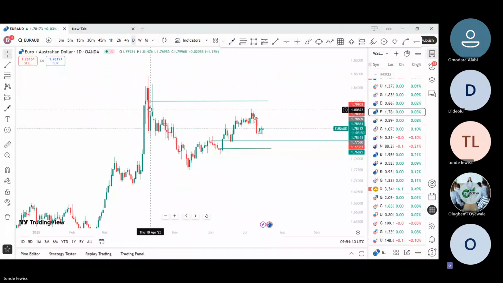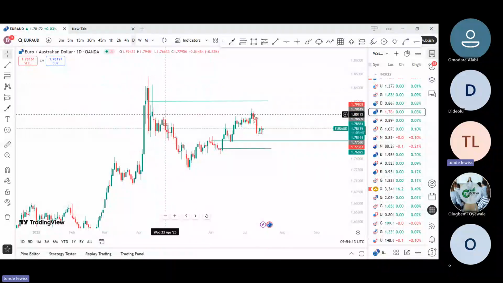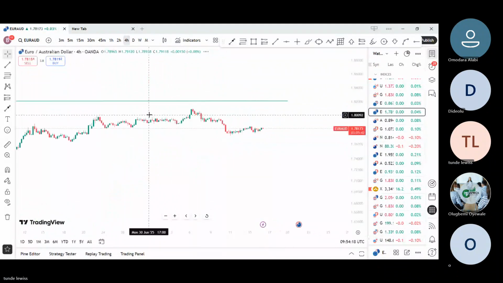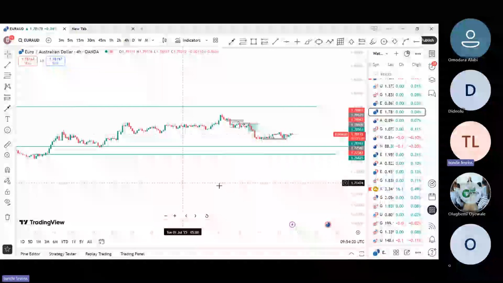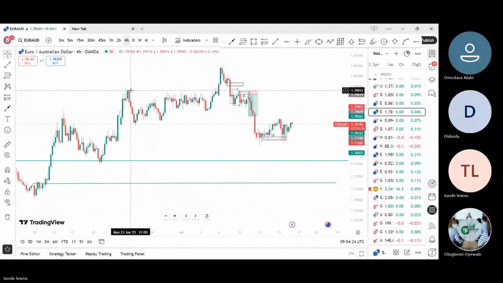So the market is reacting from this point here. Going down to the 4-hour time frame, I can see the market is in an uptrend because we have this break to the upside here.